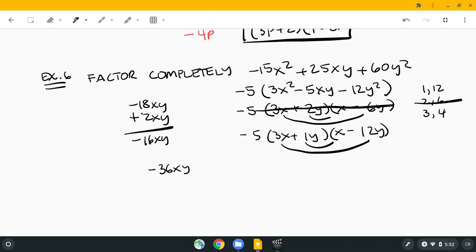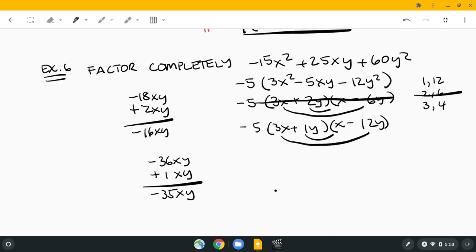And then inside we get positive 1xy. And that gives us negative 35xy. That's not what we want. So that doesn't work.